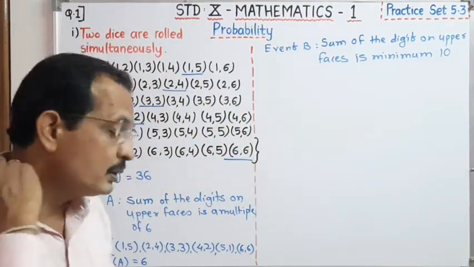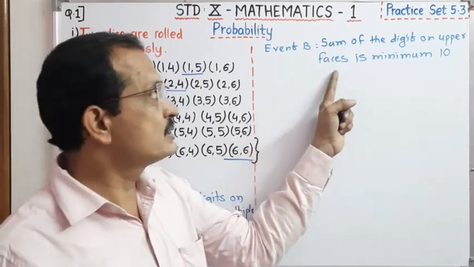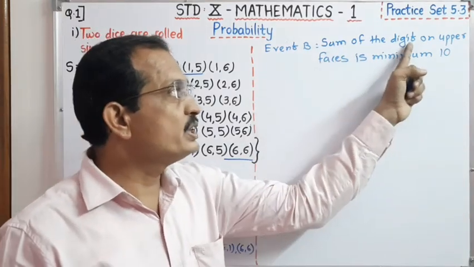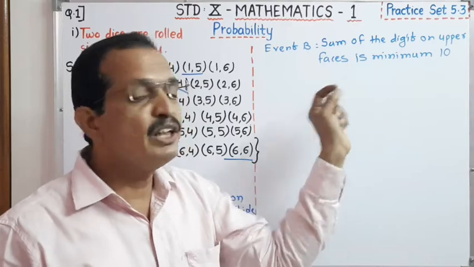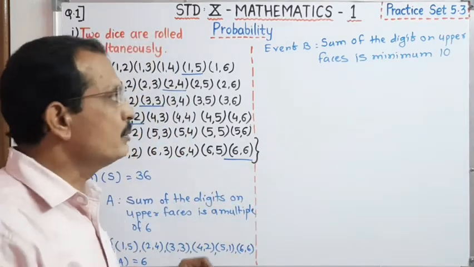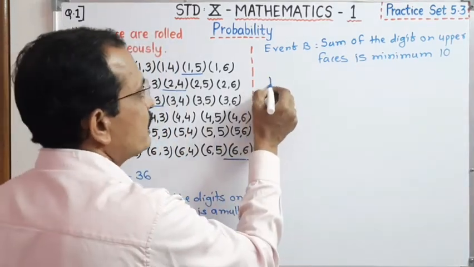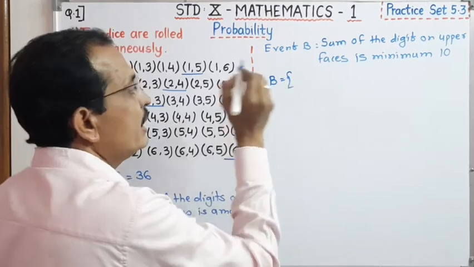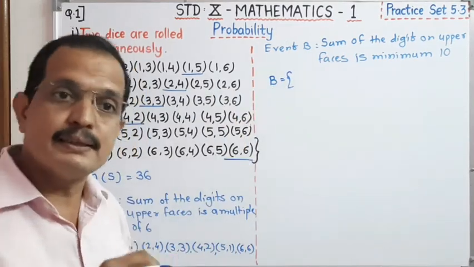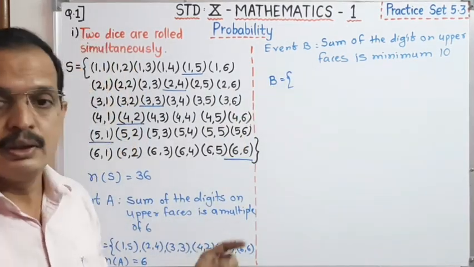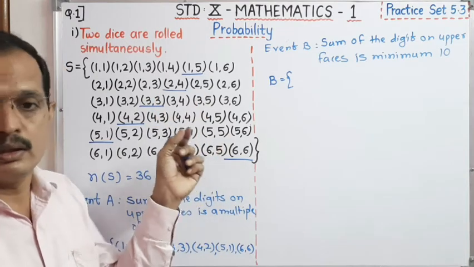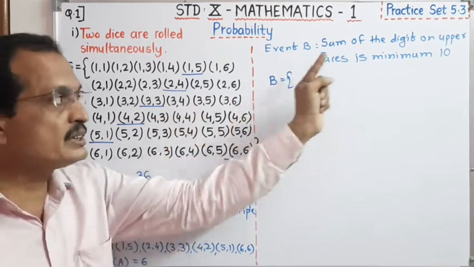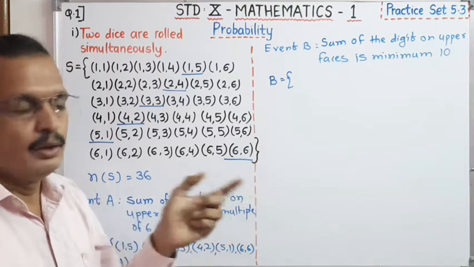Dear student, understand the meaning of this sentence. The sum of the digits on the upper faces is minimum 10. That means the sum is minimum 10. Minimum 10 means maximum no limit. That means we have to take the digits whose sum is 10 or more than 10.